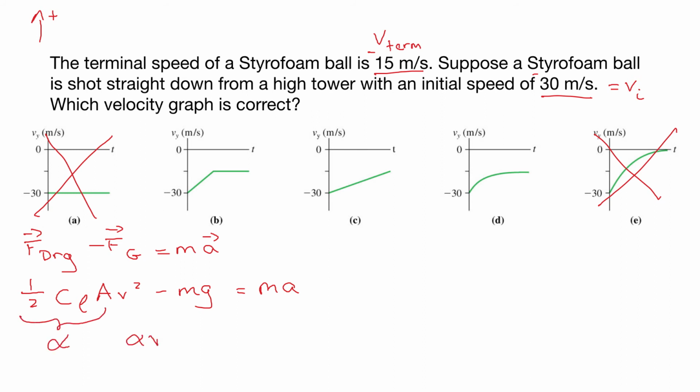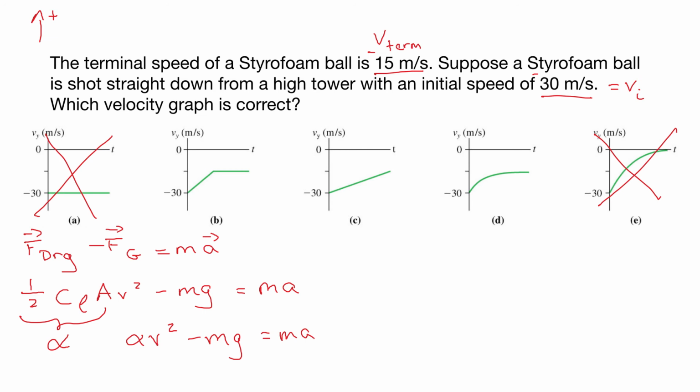So I can say alpha v squared minus mg equals ma. Because I wasn't given the numbers in this problem, I know all of that is a constant. The drag coefficient is not going to change while the styrofoam ball is moving through the air. The density of air is not going to change while the styrofoam ball is moving through air. Neither is its cross-sectional area. So all of that is a constant that I may not know right now, but it is a constant, so I can call it basically whatever I want.